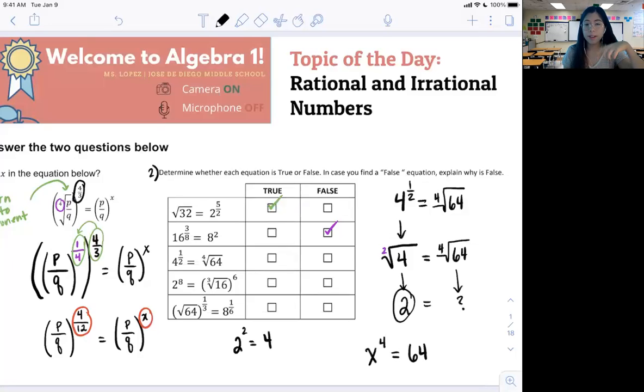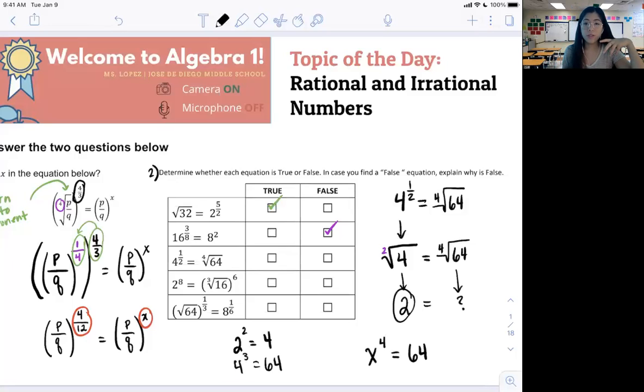I'm seeing somebody is suggesting the number 4. Okay, let's try it out. 4 times 4 is 16, times 4, 16 times 4 is 64. So 4 to the power of 3 is 64, not to the power of 4. So it's not 4.